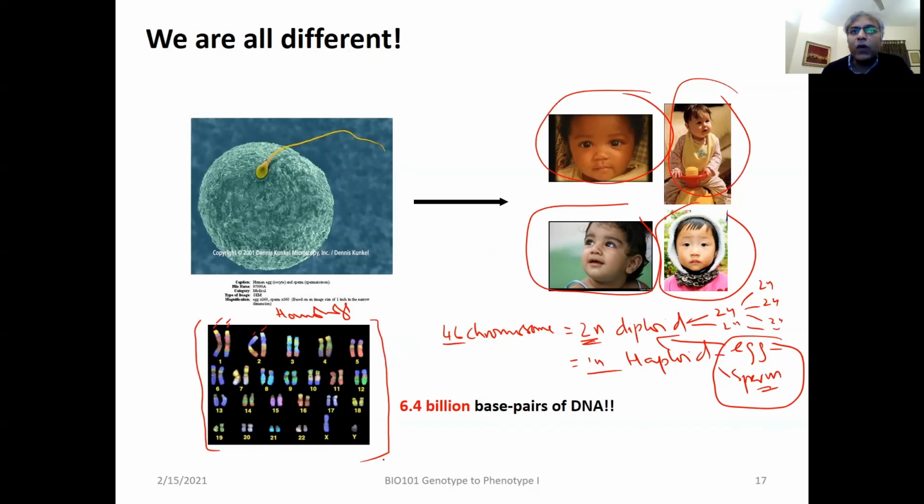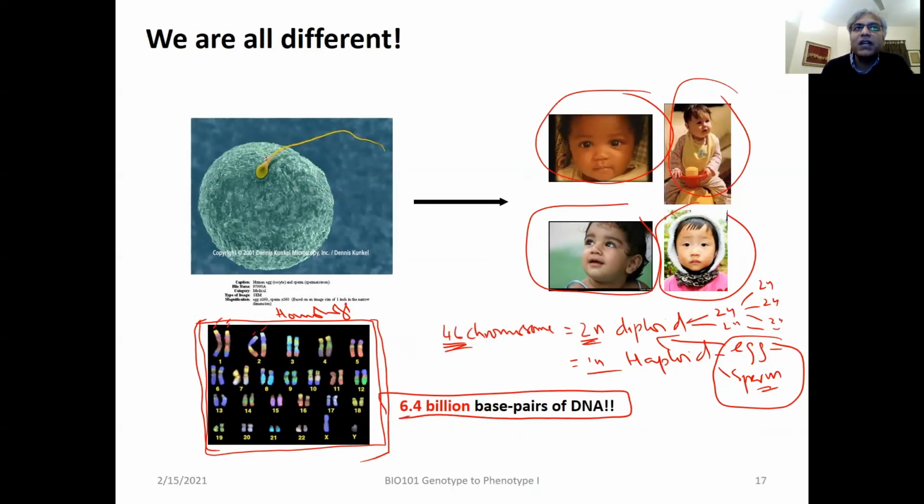That's how we have 46 chromosomes. The number of nitrogenous bases, the A, T, C, G nucleotides, is 6.4 billion base pairs in each cell. In a single cell, the 46 chromosomes are made up of 6.4 billion base pairs.